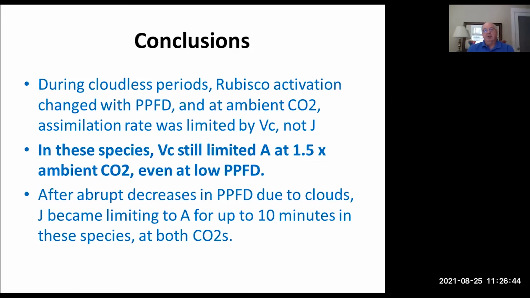In these three species, at least, Vcmax still limited assimilation rate at 1.5 times the ambient CO2, and that occurred even at low PPFD. And thirdly, after abrupt decreases in PPFD due to clouds, electron transport did become limiting to assimilation rate for up to 10 minutes in these species at both CO2 levels.